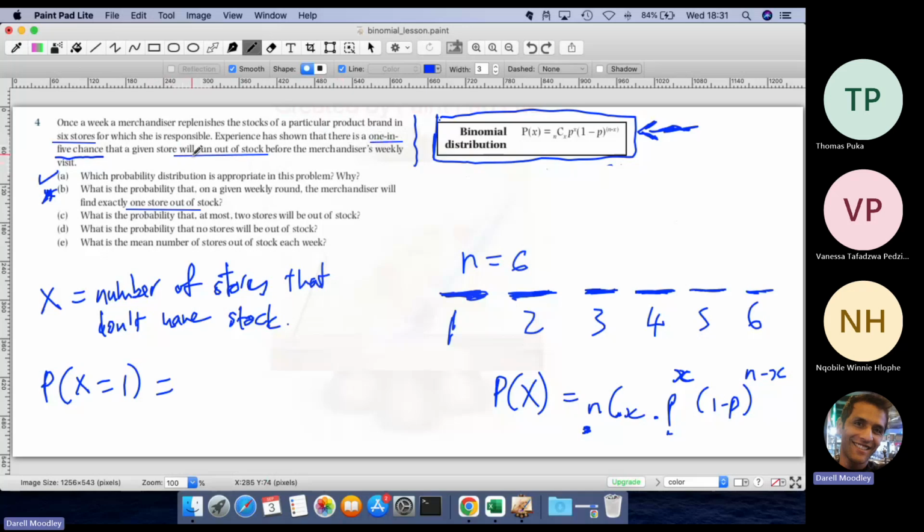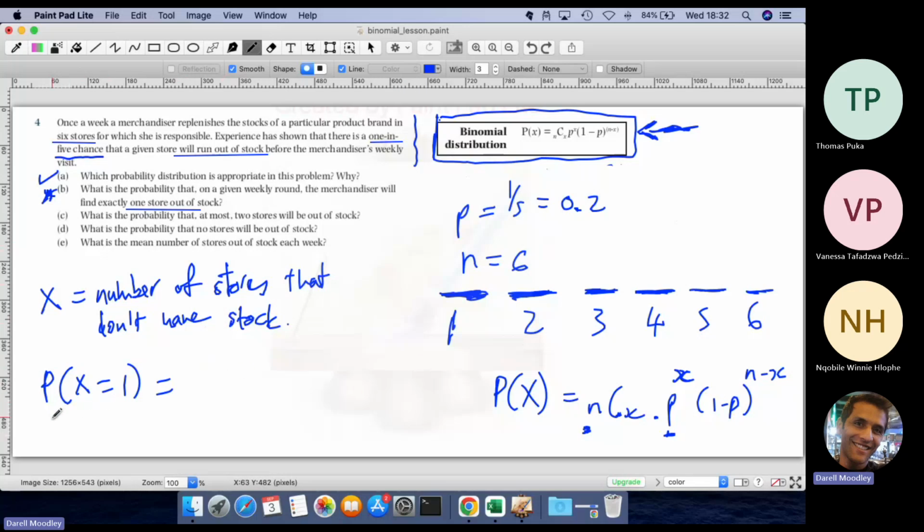So p is the probability that any store would be out of stock, in other words 1 out of 5. I prefer to write it as a decimal, but it's up to you. So it's 0.2. Now we have everything we need to use the formula.